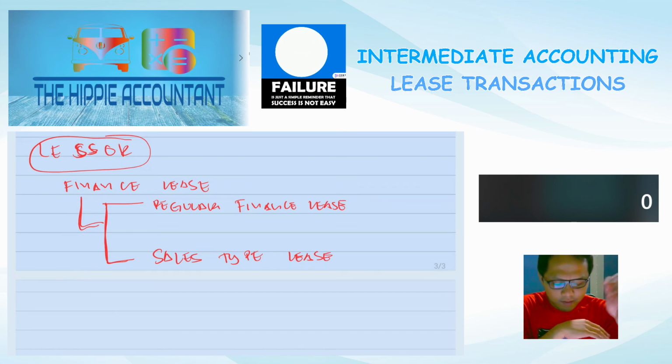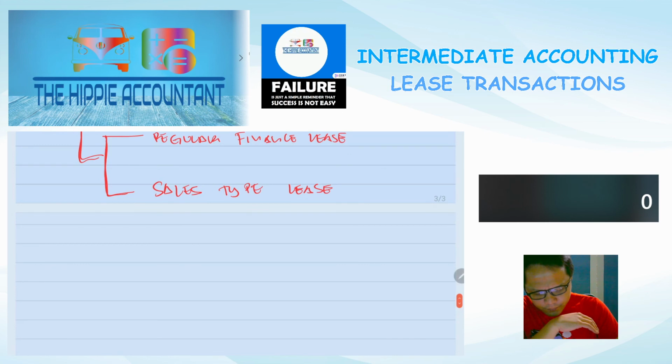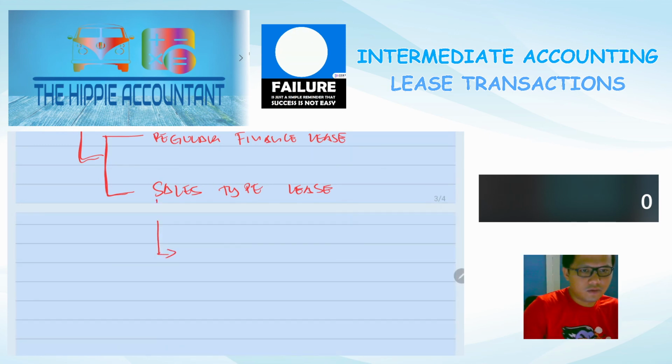Sa sales type lease naman is that yung lessor dito is a dealer. And then, as part of its sales process, kumbaga, para mas mapadali yung benta niya, ang ginagawa niya is that in form para siyang renta but in the end, binebenta talaga niya in installment.